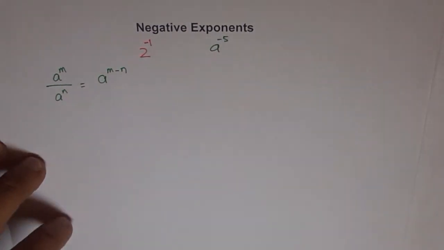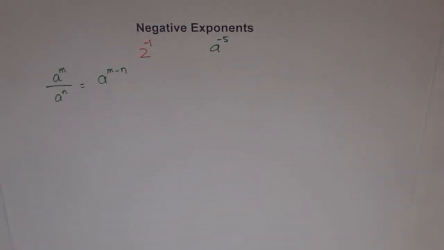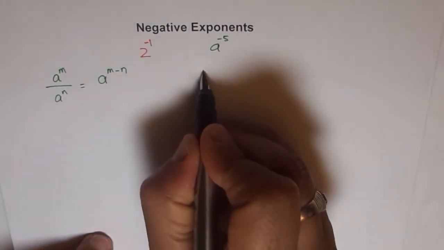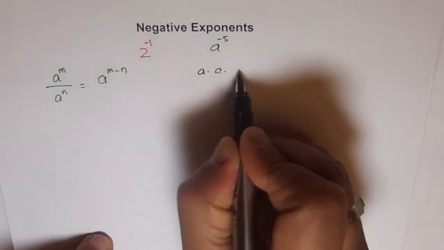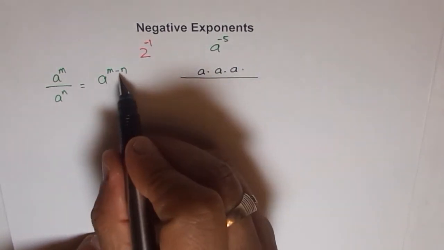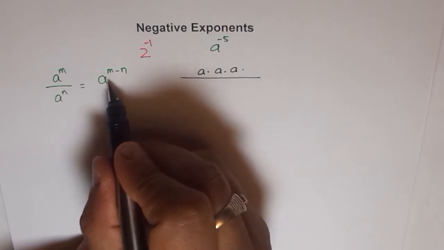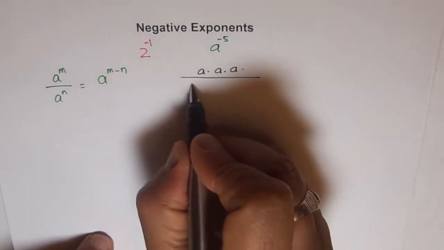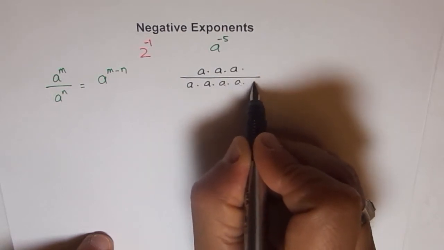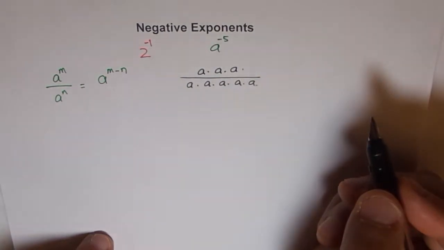So let me take a concrete example. Let's say we write 1, 2, 3 a's in the numerator. We want negative, that means we want more a's in the denominator. So let's write 1, 2, 3, 4, 5 a's in the denominator.